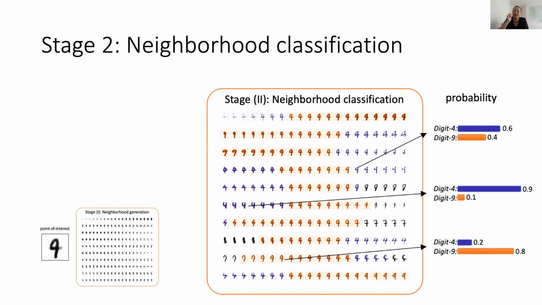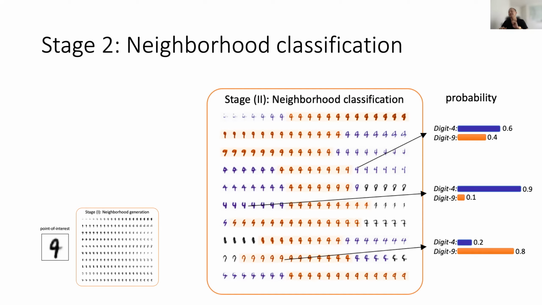Next, to identify and visualize the local decision boundary, the given trained deep learning model is applied to classify the generated instances. The classification results are highlighted with different colors so that the model behavior can be delineated. We call these classification results the classified neighborhood.